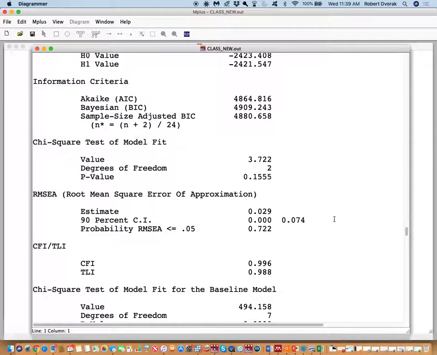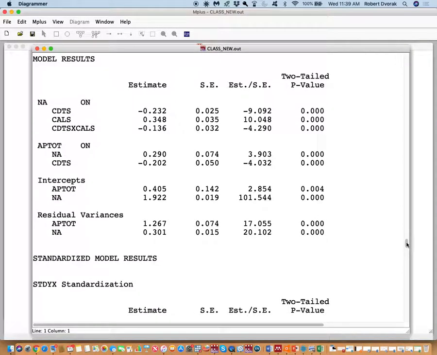Anybody? Colleen, are we good? Good? All right, cool. So we've now run a mediation analysis, technically a moderated mediation analysis. We have found that we have a statistically significant interaction between DTS and ALS predicting our mediator variable, NA. And then NA is a significant predictor of alcohol problems, as is the stress tolerance.